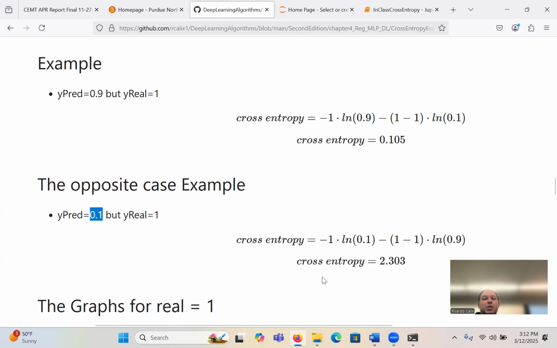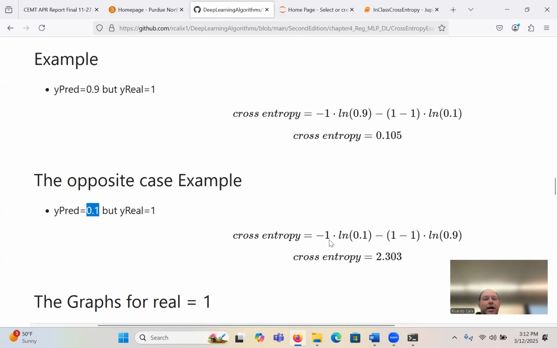So you do the computation, it's going to be 1, the real class, times logarithm of 0.1. This is 1 minus 1 is 0, so this cancels out. Notice that the cross entropy comes out to be 2.303 versus 0.10. Do you see that? So the loss function, cross entropy, goes down as the model gets better.